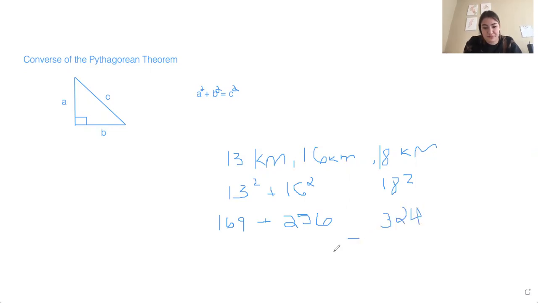So we get 425, which does not equal 324. So a triangle with these side lengths would not be a right triangle. Okay, let's try one more.